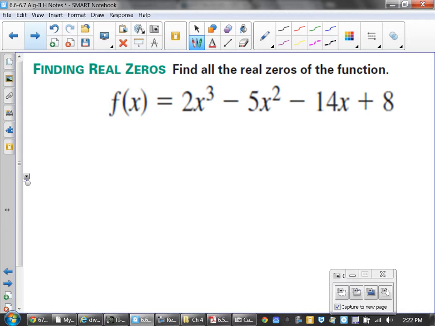We're going to use synthetic division to do it. So we have f of x is 2x cubed minus 5x squared minus 14x plus 8. First thing you need to do is list out all your possible zeros, which means all the factors of divided by all the factors of.